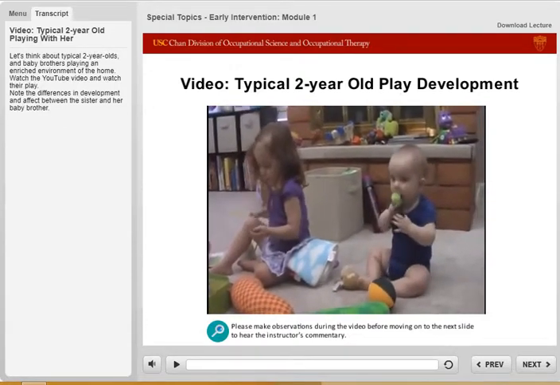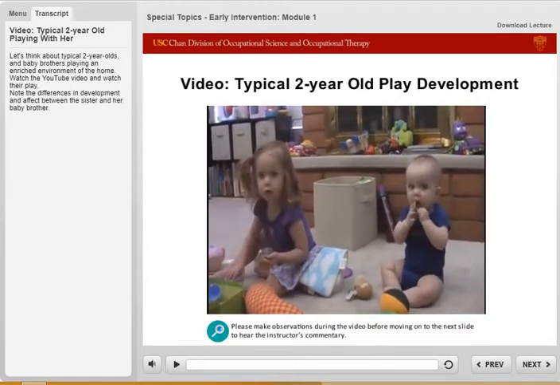Silly Colin. Okay, you show him how to drink your tea.